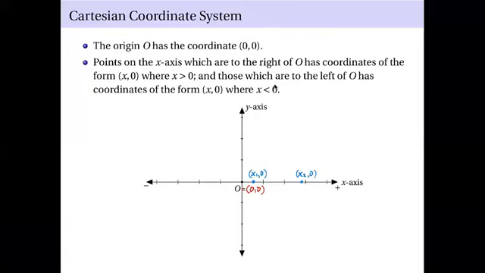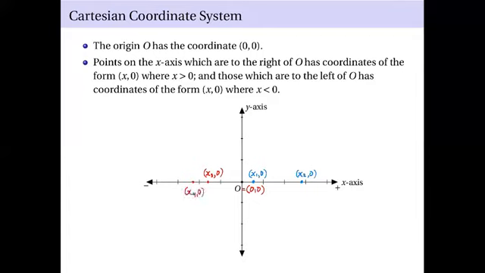And those points which are to the left of the origin have coordinates of the form x comma 0, where x is less than 0. So for example, if we consider this point here, we have x sub 3 comma 0, and this point here, we have x sub 4 comma 0.